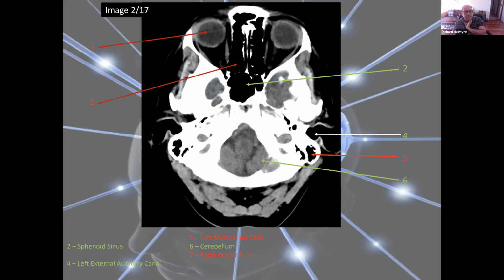Easy marks. Number 9, what sinus is that? It's the ethmoid sinus, and the spinal canal, or the medulla oblongata of the spinal canal. Okay, so it's that portion of the spinal canal.